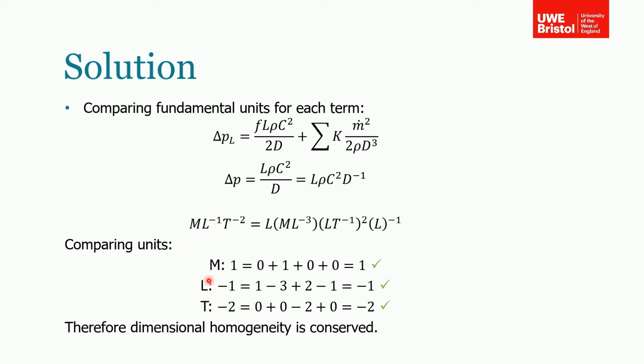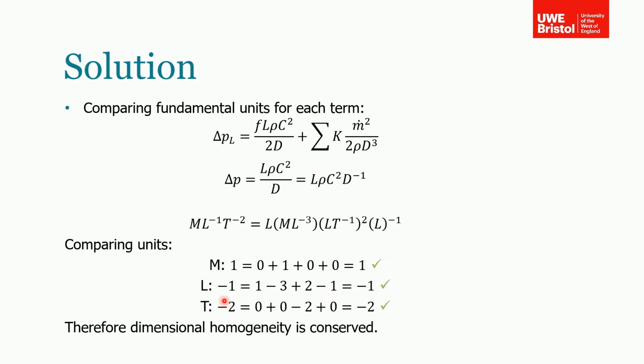In terms of length, we've got an exponent of -1 on the left hand side, and on the right hand side we've got 1, -3, +2, -1. If we work all that out, it becomes 3 minus 4, so -1. So -1 is, of course, equal to -1.